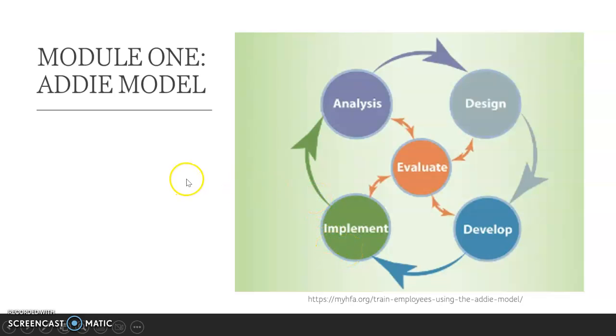So module 1, the ADDIE model, consists of analysis, design, develop, implement, and evaluate. And each of these phases is not done in a linear fashion. Each phase can be revisited and can be done multiple times throughout the design process.